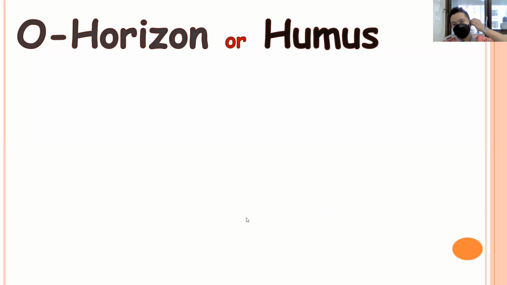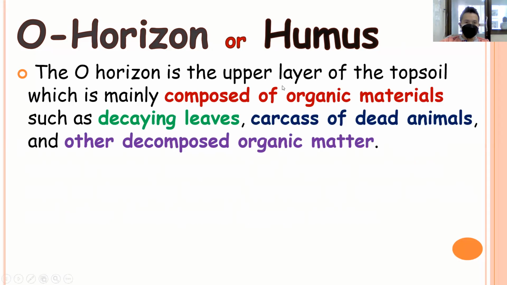O horizon, which is the humus or organic matter. So what's the definition? The O horizon is the upper layer of the topsoil, which is mainly composed of organic materials. If you say organic, that means very good soil for planting, such as decaying leaves, carcasses of dead animals, and other decomposed organic matter.